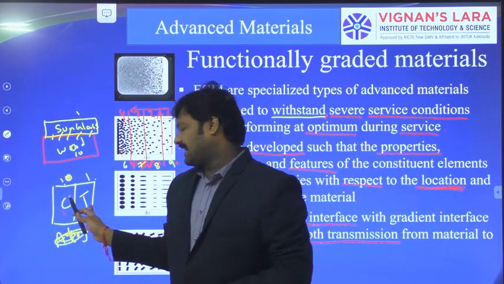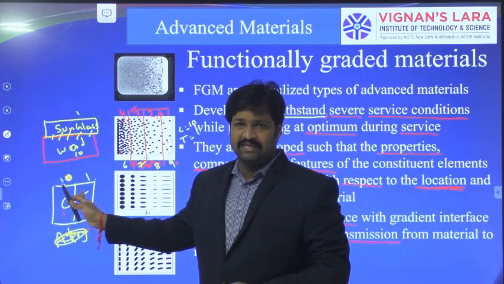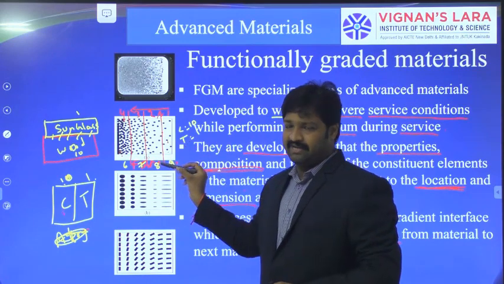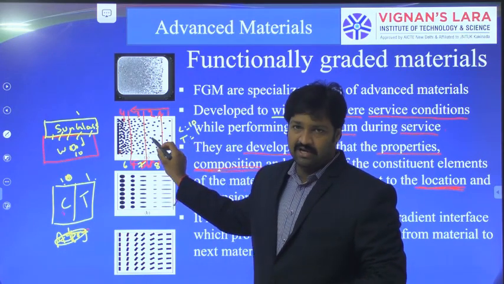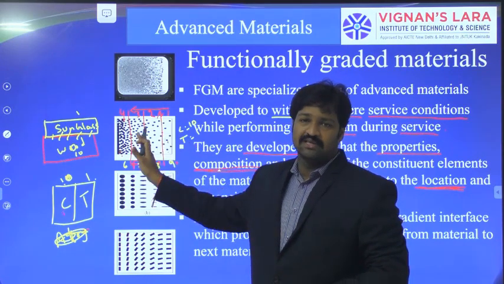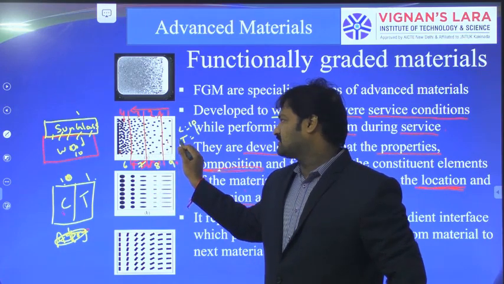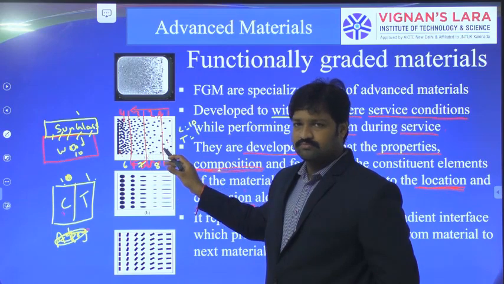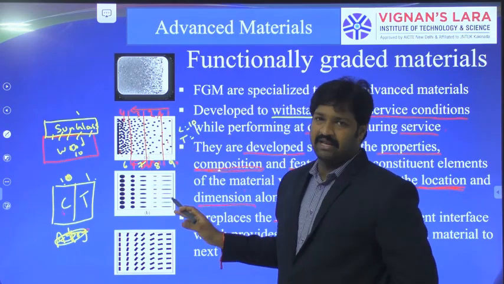Whereas here, at a time there is a change in two materials, so that delamination will take place. In functionally graded materials, the transmission from one portion to the other is smooth. Why? Because the titanium particles are increasing and copper particles are reducing, if that is a copper titanium material.